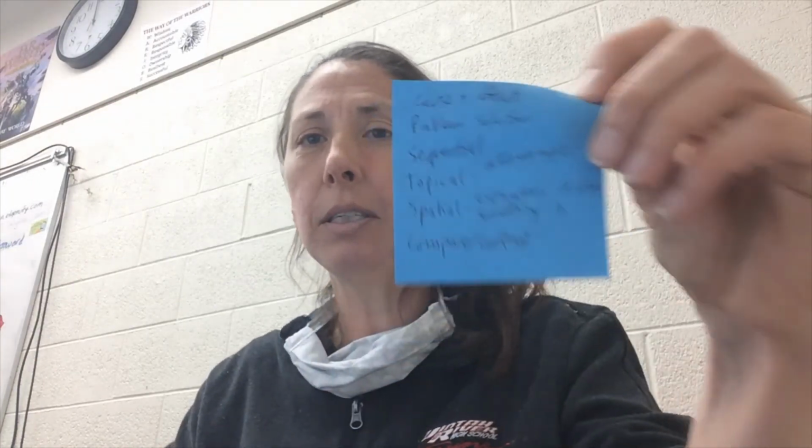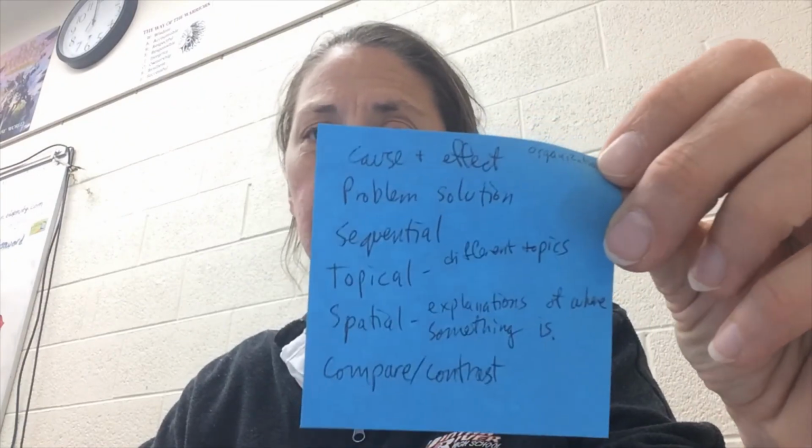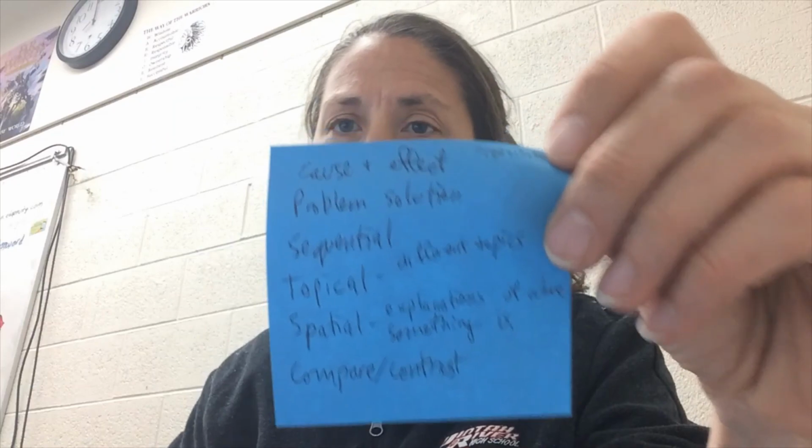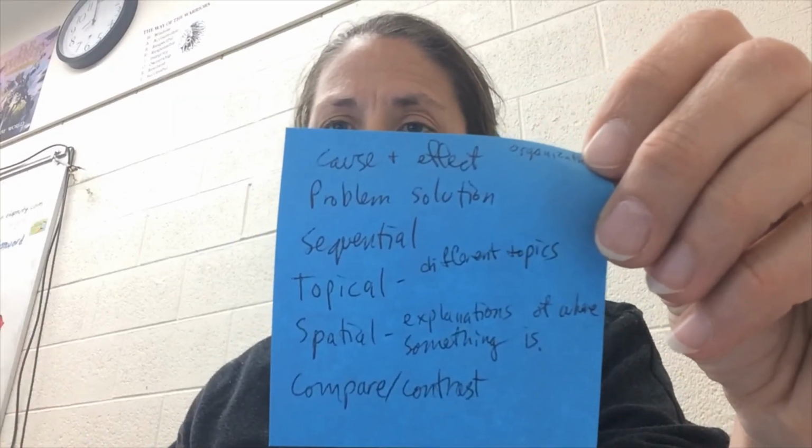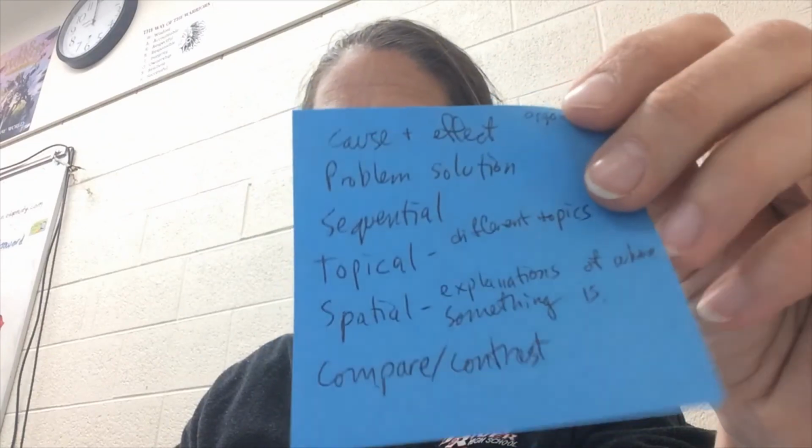So organization, there are several different ways to organize a practical document. Here are some of them. So cause and effect, like this happens, then that happens. Problem or solution, you've got a problem and here's a solution to it.